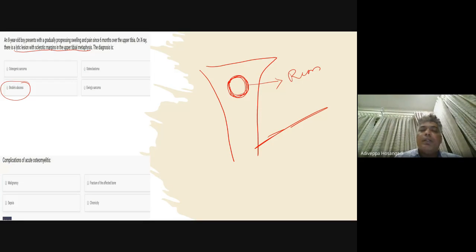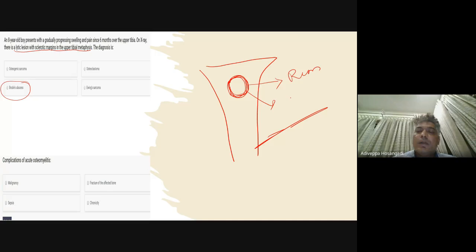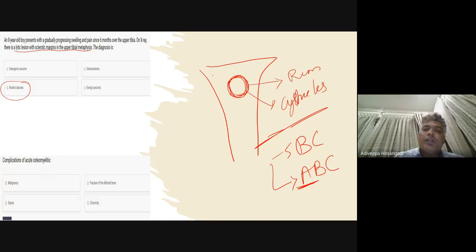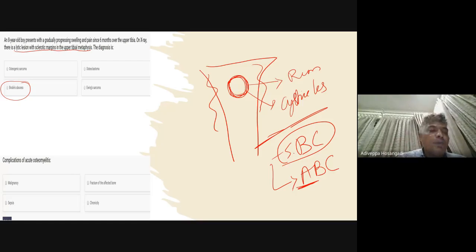If you see a very well contained cavity or a lytic lesion, you can get confused with a cystic lesion. It can be a simple bone cyst or an aneurysmal bone cyst. Aneurysmal means ballooning or widening. If there is no widening of the bone, it can be a simple bone cyst. You have to differentiate between simple bone cyst and Brody's abscess.